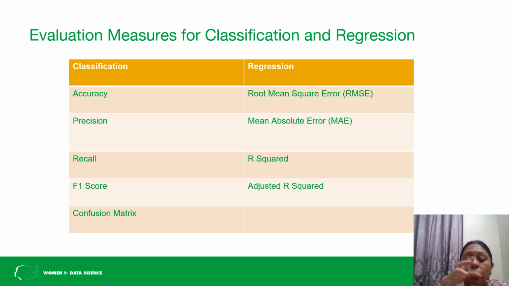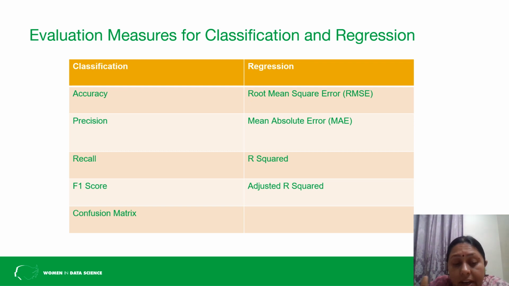But if both of them don't belong to the same class, then we say that the model has not predicted correctly. So there are 5 metrics that are used to determine the classification accuracy, that include overall accuracy, precision, recall, F1 score, and confusion matrix.